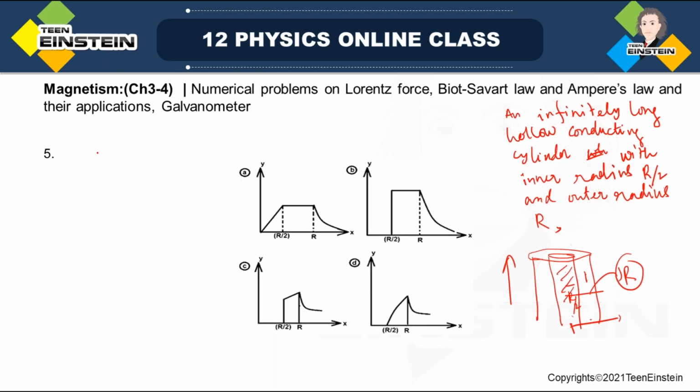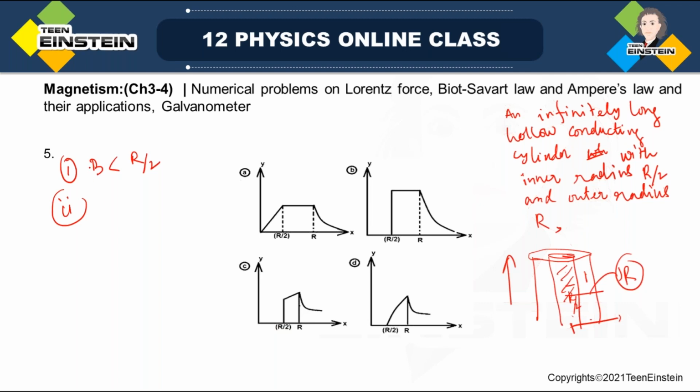So see, we have to actually see how the magnetic field is varying with distance at various places, like B below R by 2, because the inner radius is R by 2. Magnetic field below, so one case should be this. Another case, you have to find out magnetic field B in between.